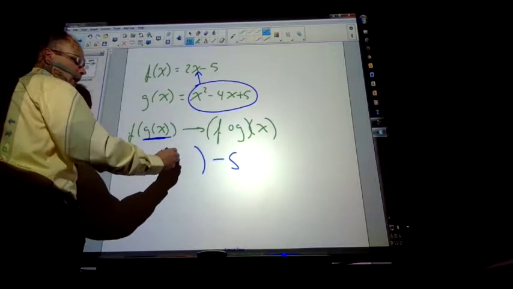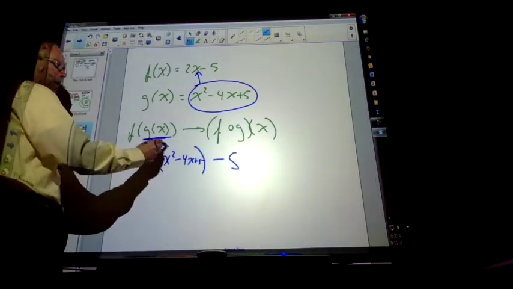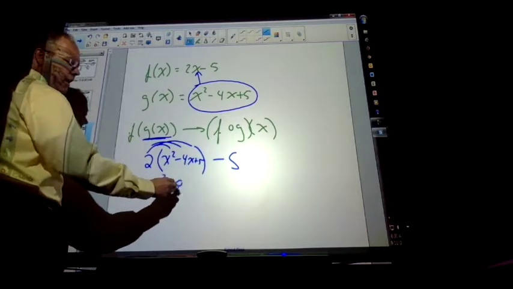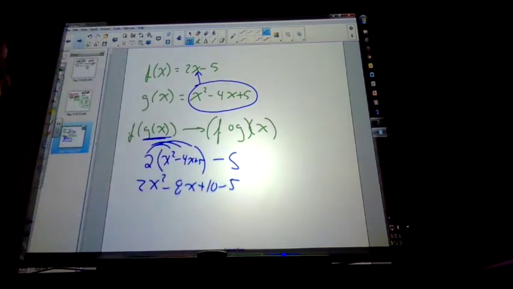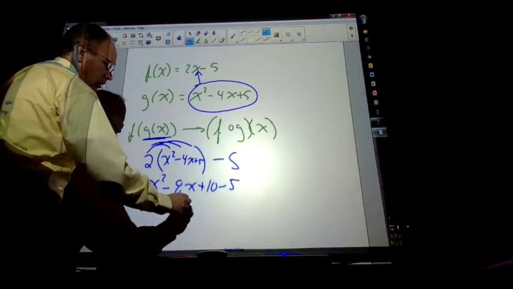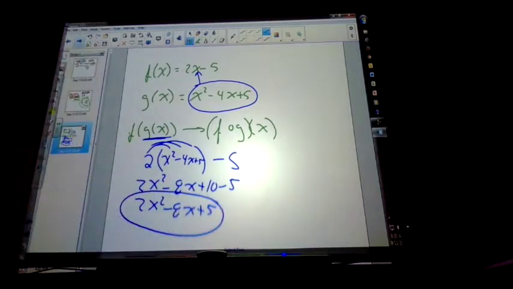So I'm going to plug this in right here. Distribute over the parentheses. So you get 2x squared minus 8x plus 10 minus 5. Like terms would be the 10 and the negative 5, so I'm going to get 2x squared minus 8x plus 5. There's my answer. I plugged one function into another.